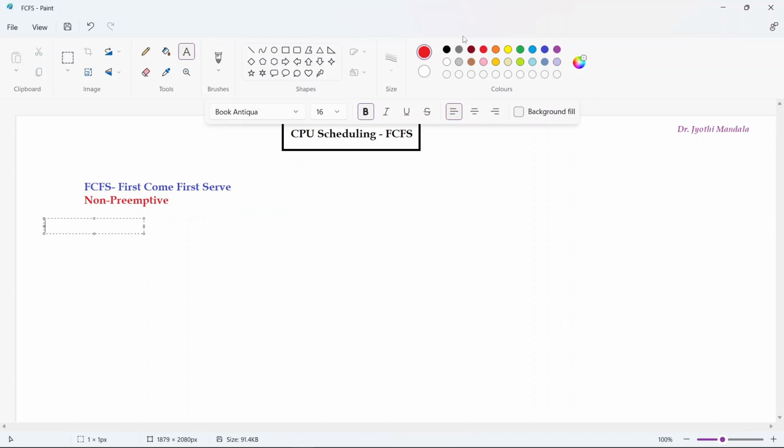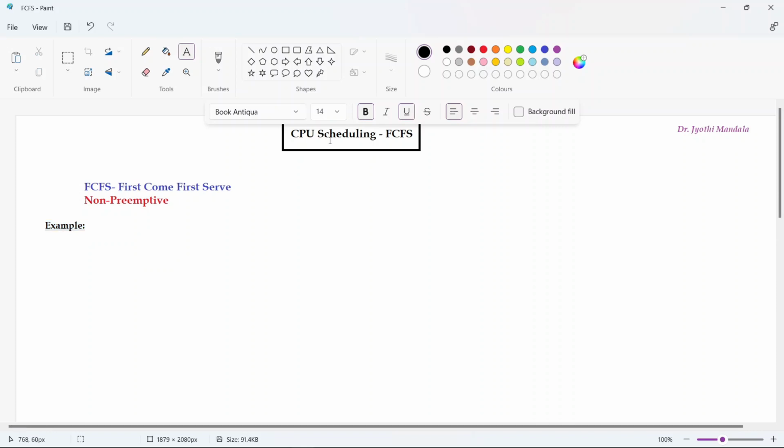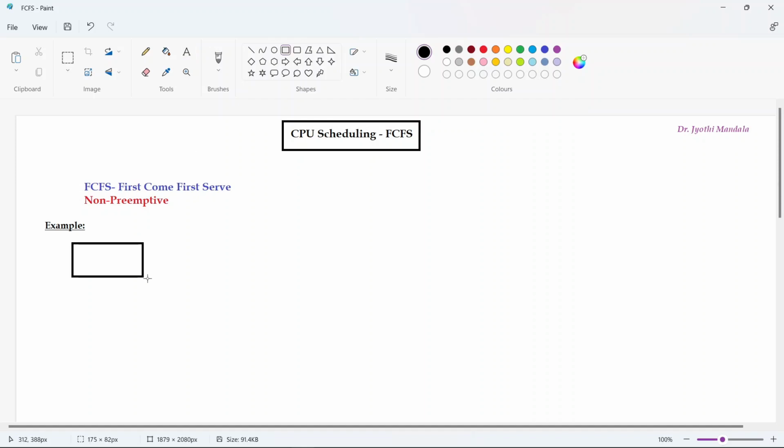We'll take one example. Now I will take 5 processes. Okay, so let me show that, so that this is the problem.